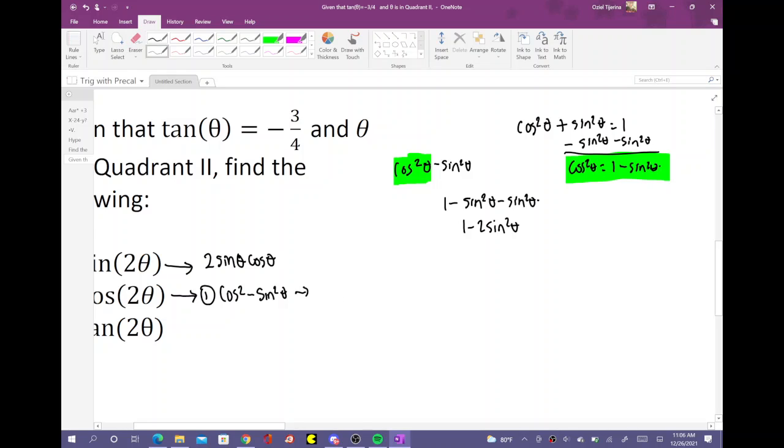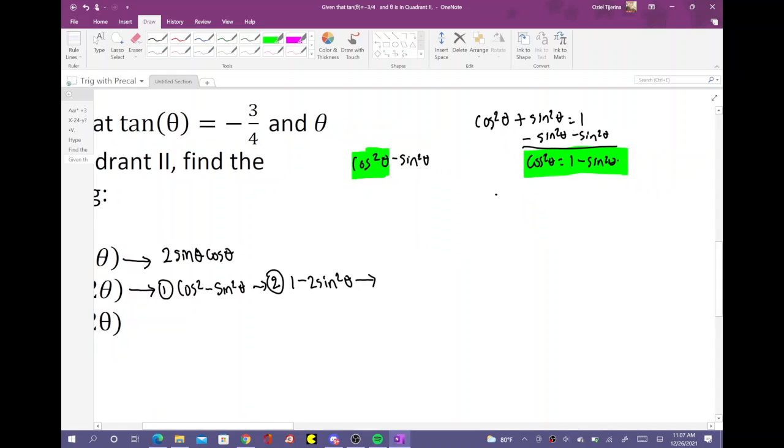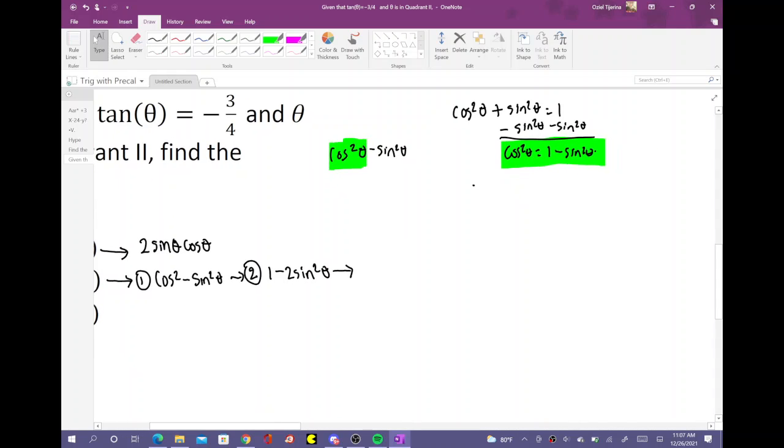So number 2 is 1 minus 2 sine squared theta. But there's also a third one. Like I said, guys, it really doesn't matter which one you use. I just want to show you what it is.